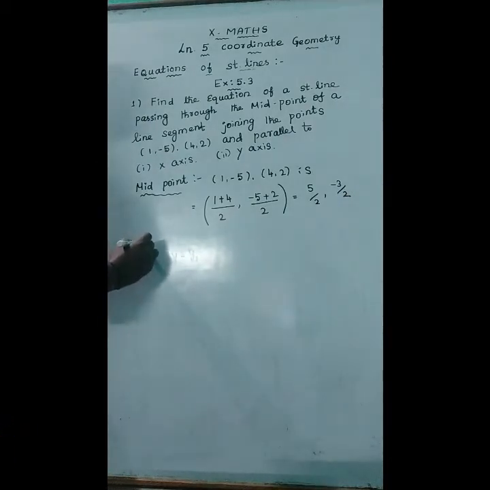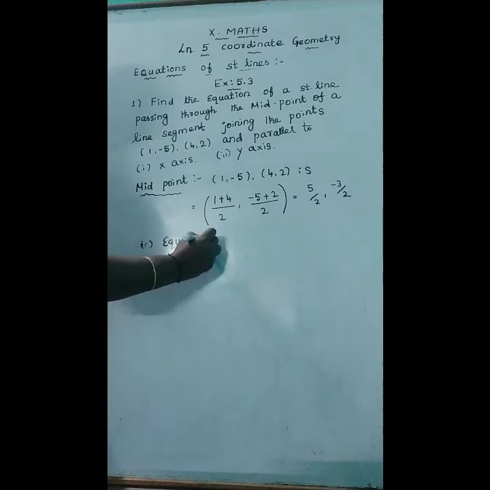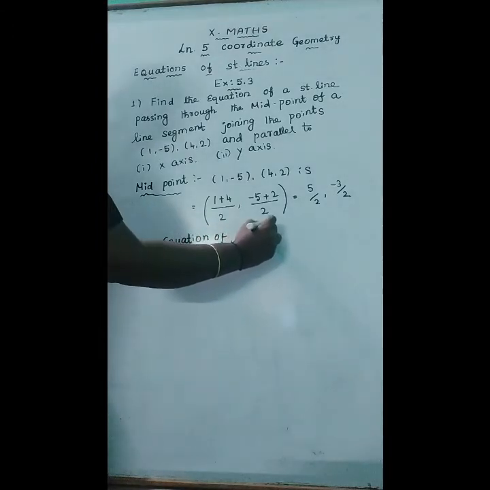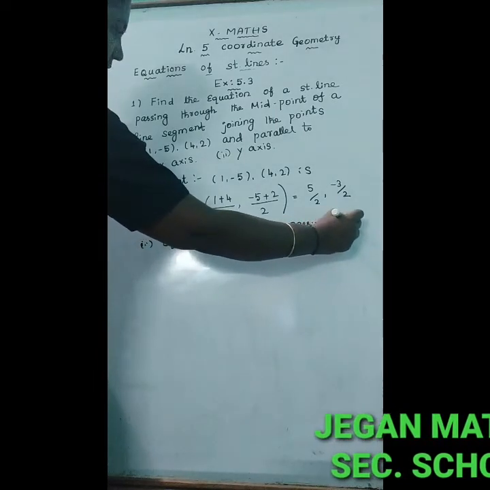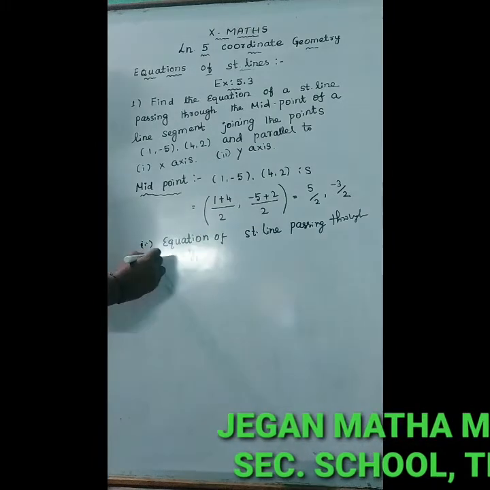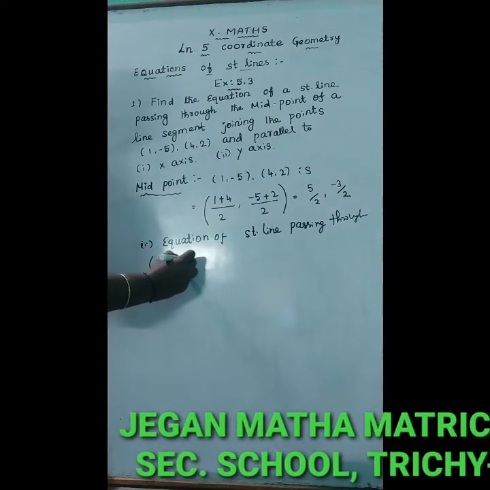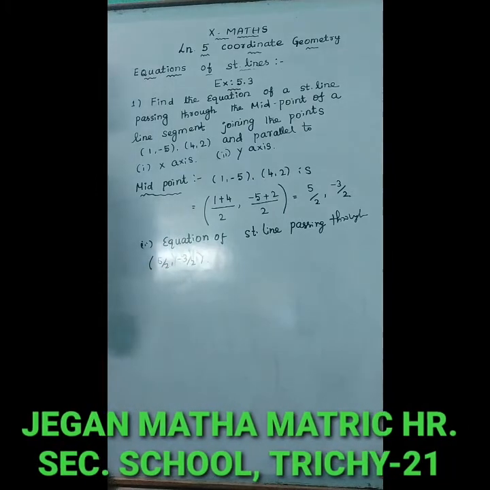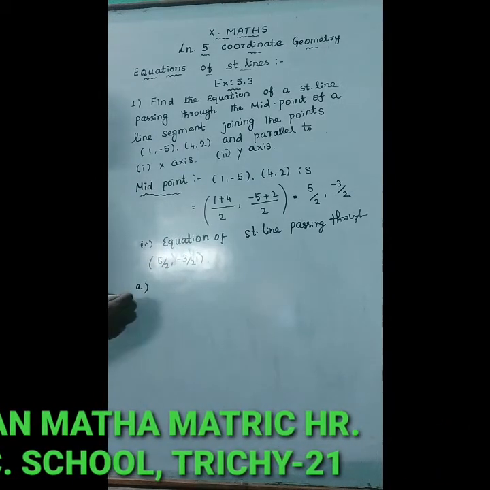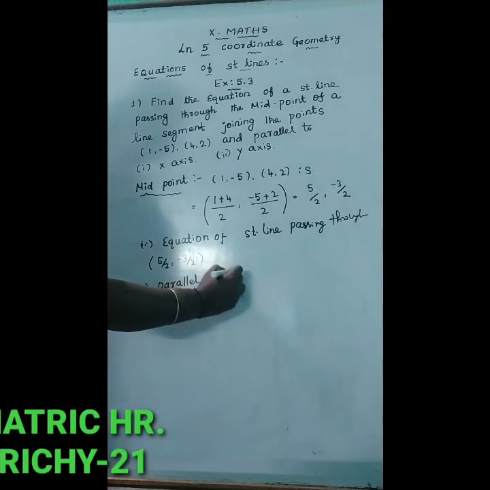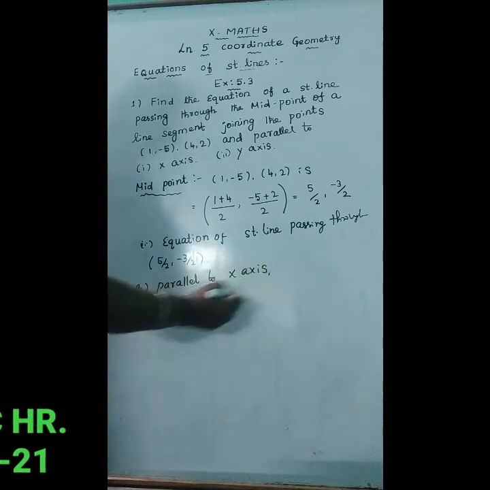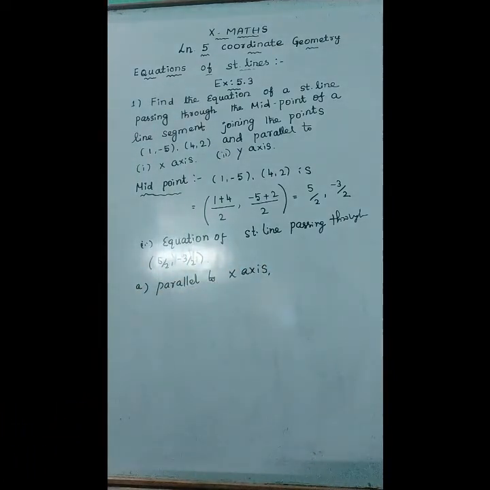So next we find the equation of the straight line passing through the point (5 by 2, minus 3 by 2) and parallel to the x-axis. We already know that for a line parallel to the x-axis the equation is y equal to a constant. Here the y value is minus 3 by 2.